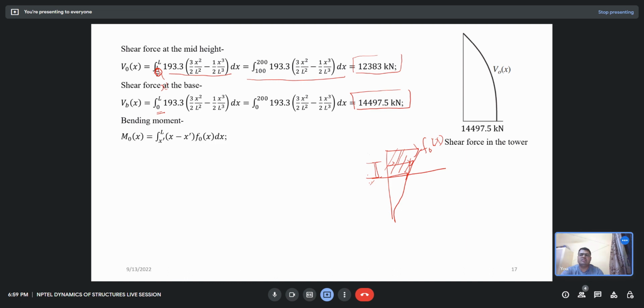So for the bending moment, x is the location from where you want to get the bending moment, say the mid span, that is L by 2.